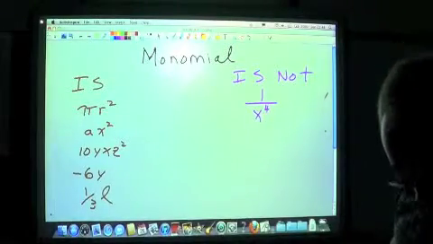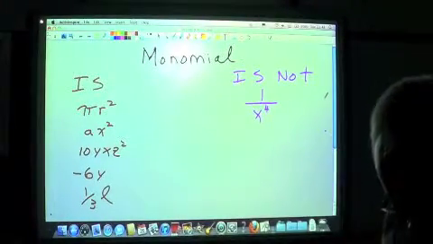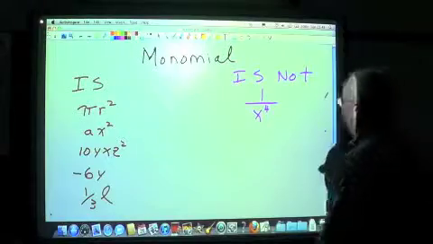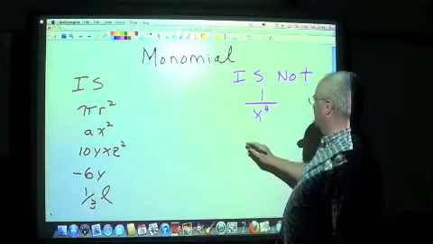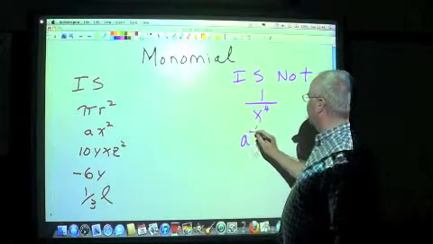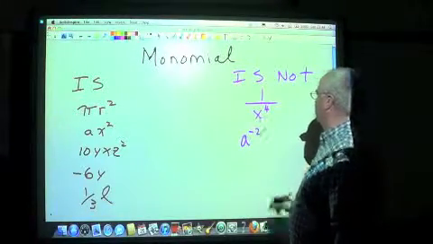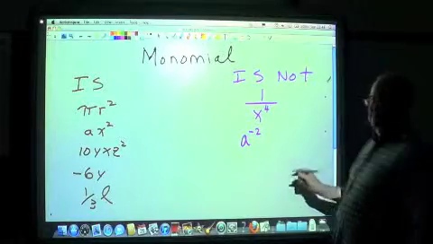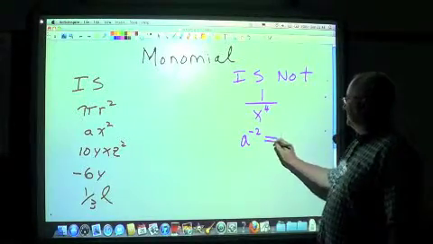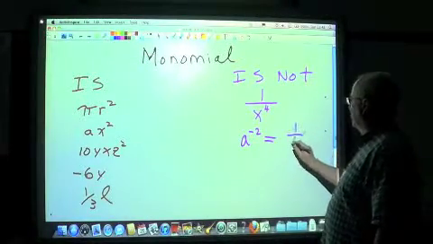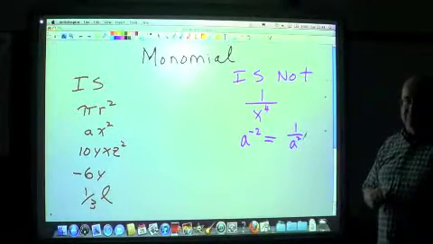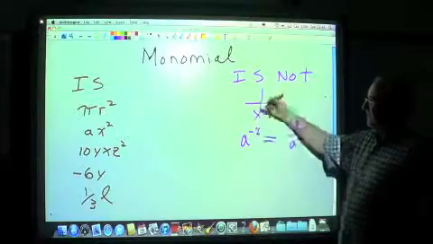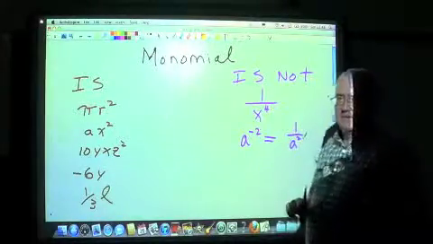Another thing it said it could not be is a variable with a negative exponent. So, a to the negative 2. Well, if you know your exponents, what does this equal? 1 over a squared. So that gets back into that rule. Negative exponent, we're going to flip it to the other side.